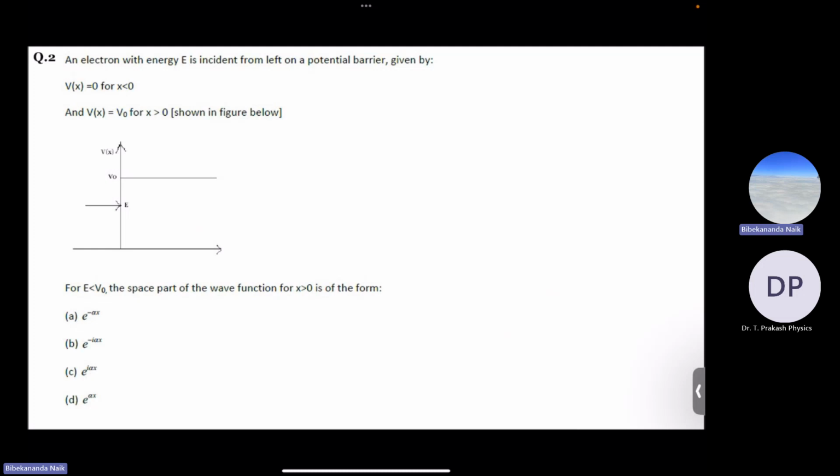For E less than V0, the space part of the wave function for x greater than 0 is of the form: option A is e to the power minus alpha x, option B is e to the power minus i alpha x, option C is e to the power i alpha x, and option D is e to the power alpha x. These are the four options. I will give you some time to try this question, and then we will discuss how to deal with these types of problems.